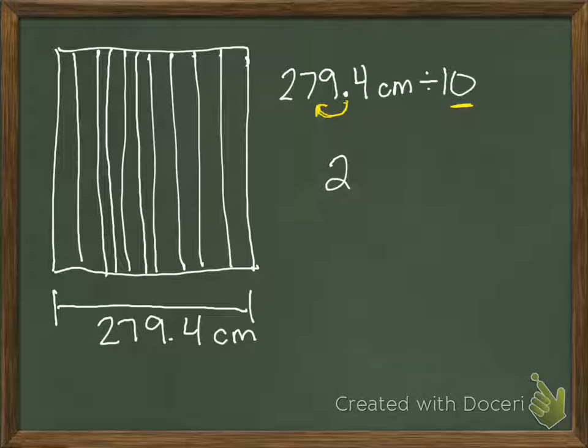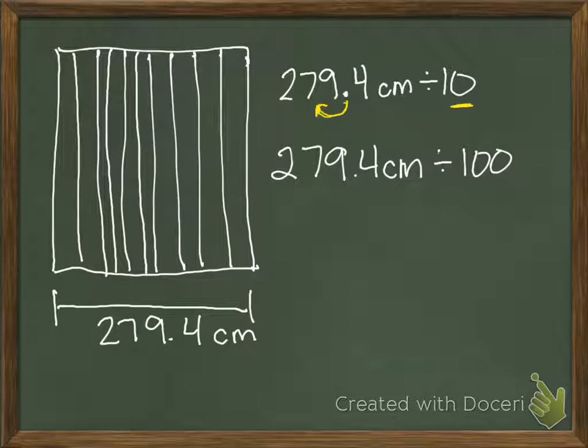Now I want to challenge you. What if I want to take the 279.4 centimeters and divide it into 100? How many spots to the left would I move my decimal point? You're right.